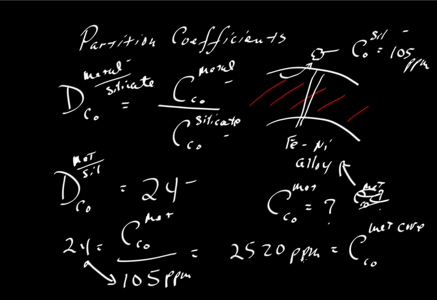Now that is valid only to the extent that our experiments are valid and to the extent that our estimate of 105 ppm really does represent the mantle on the whole. So there are ways of making errors, ways of making very large errors. Maybe the distribution coefficient changes as a function of temperature or pressure that throws it away from a value of 24.